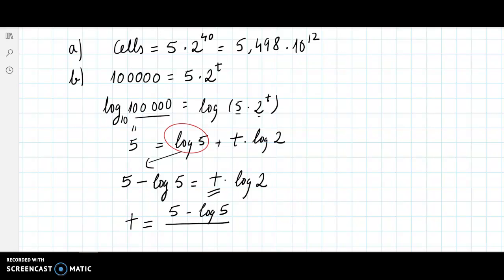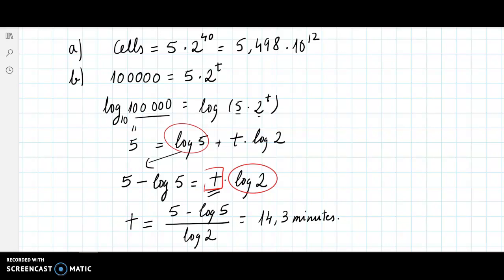Over, as the log of 2 is multiplying, we isolate the t by dividing by log of 2. So I calculate this, and we have the time is 14.3 minutes.